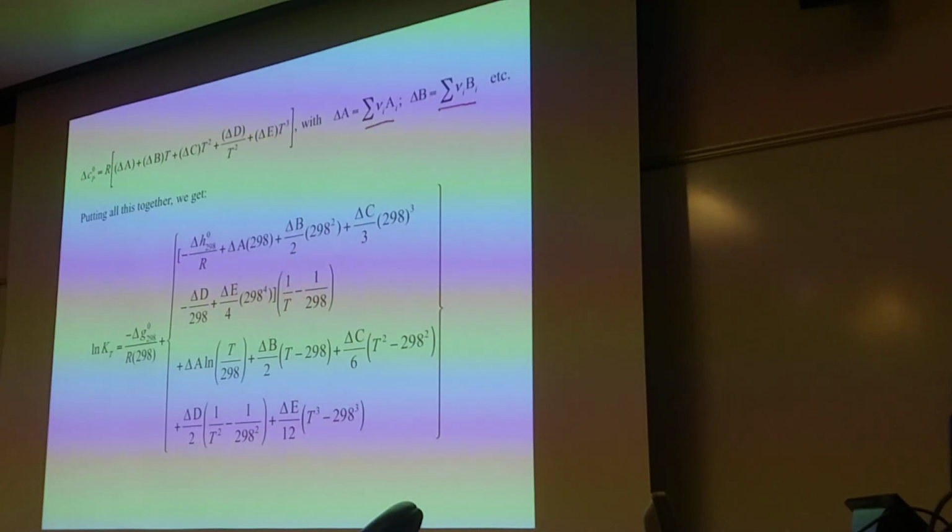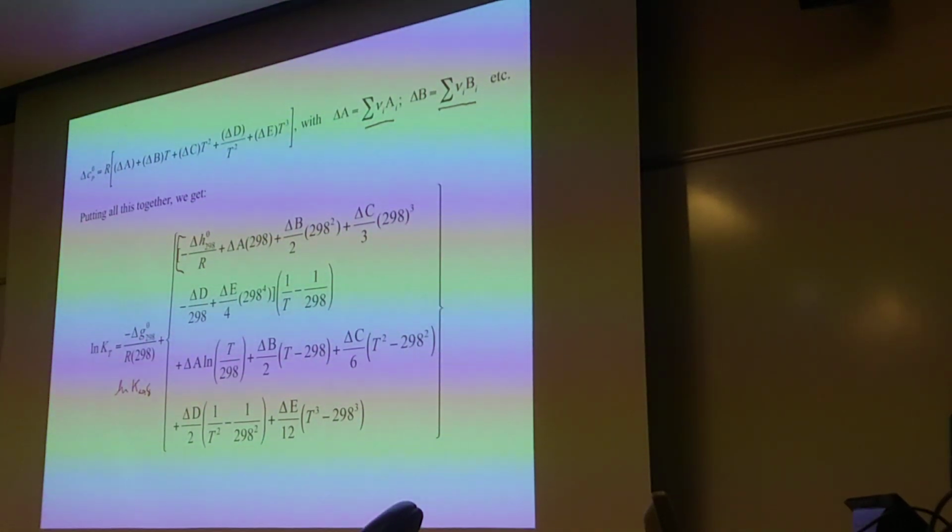But this is the expression that we get when we carefully put all of this together into the integral. So it's tedious, but nothing difficult. We should recognize this first expression is log K of 298. And here, let's note that these brackets are fairly big, so I should have been able to write them like that.